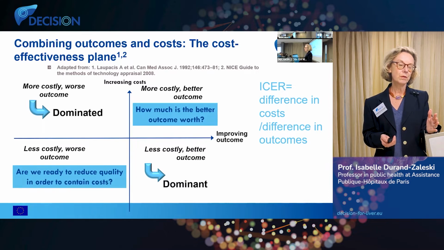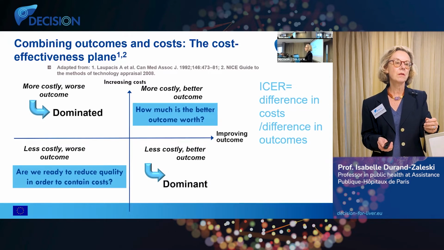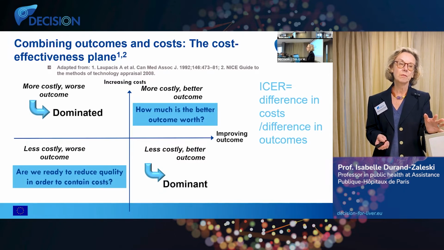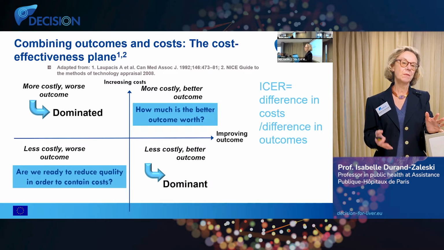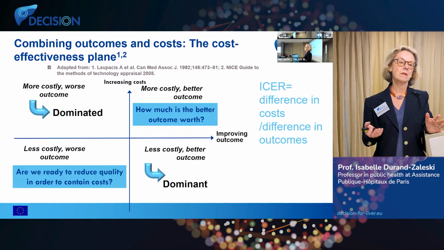So when you have a new treatment, a new strategy, which is both cheaper and more effective, that's really nice. Now, the more frequent situation in medicine as in life is the upper right. It's better, you gain health, but you have to pay for it. And then the bottom left is the non-inferiority studies, typically. So you have, in theory, a small and acceptable loss in effectiveness, and what you expect is a reduction in costs, better safety.